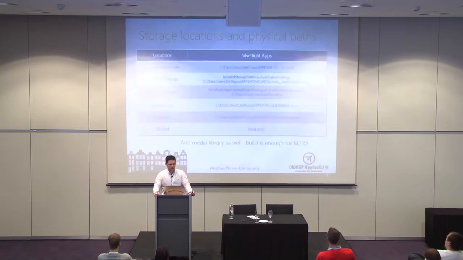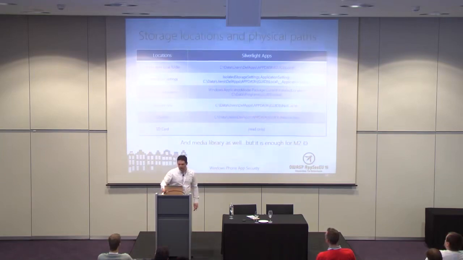So the previous table was referring to the Windows Runtime technologies, and we have some differences with the Silverlight app. So different physical paths and different files where the application settings, for example, are placed.